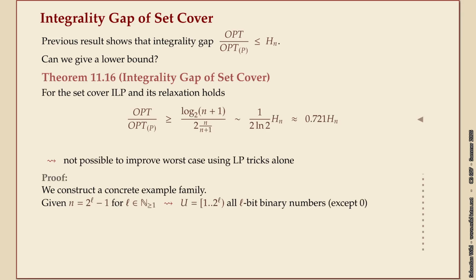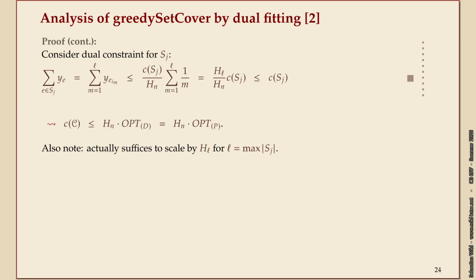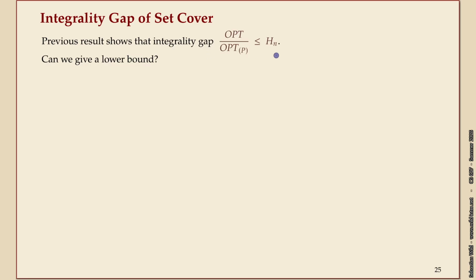Maybe I should show that here again. This is the bound we get: the set cover we compute is H_n times the optimal objective value for the LP. And that, of course, is a bound for the optimal integer linear program. But we really get a slightly stronger, or more insightful, result here. So we've really shown that the integrality gap is at most H_n.